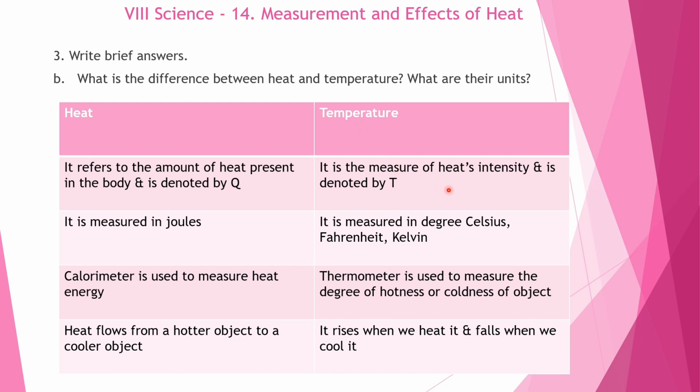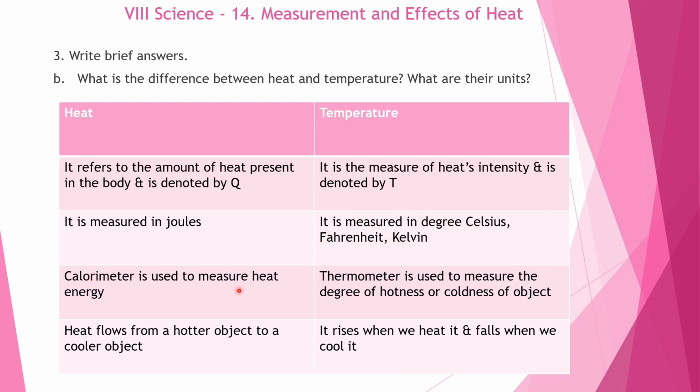If the temperature is 40, heat intensity is less. If the temperature is 100, heat intensity is more. So that is the temperature denoted by T. Heat is measured in joules. Temperature is measured in degrees Celsius, Fahrenheit and Kelvin. So joule is the unit of measuring heat and the units of measuring temperature are degrees Celsius, Fahrenheit and Kelvin.